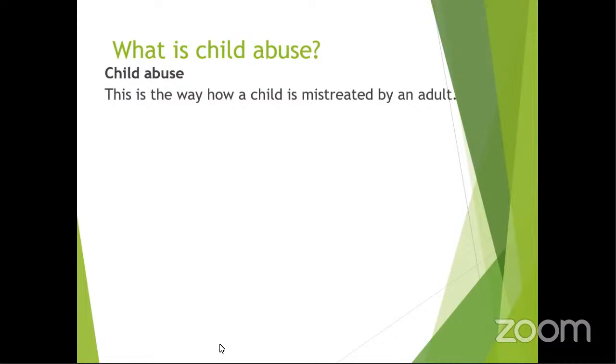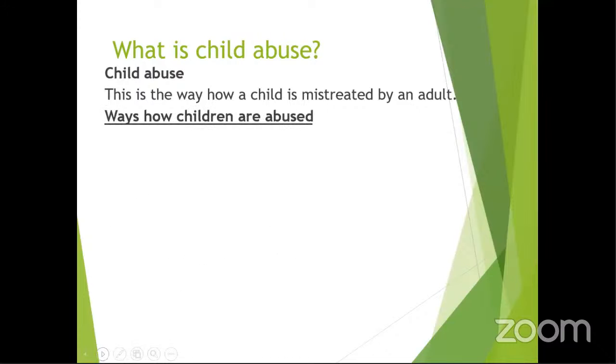Okay, that's good. So that is what you need to know about child abuse. It's simply the way how a child is mistreated by an adult. So we also need to move on and talk about ways how children are abused.